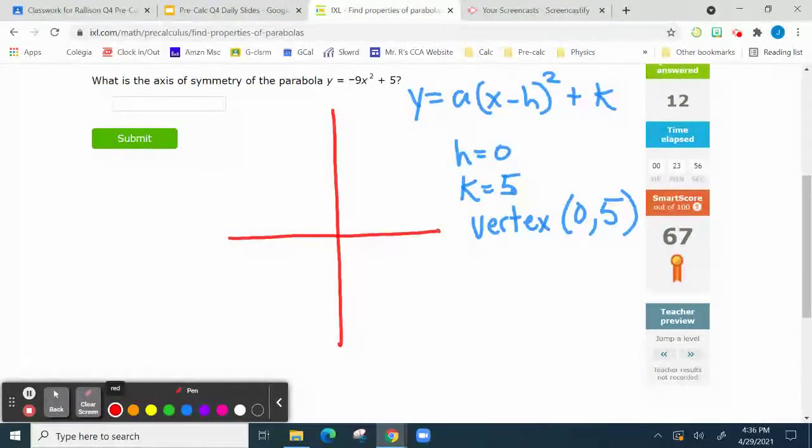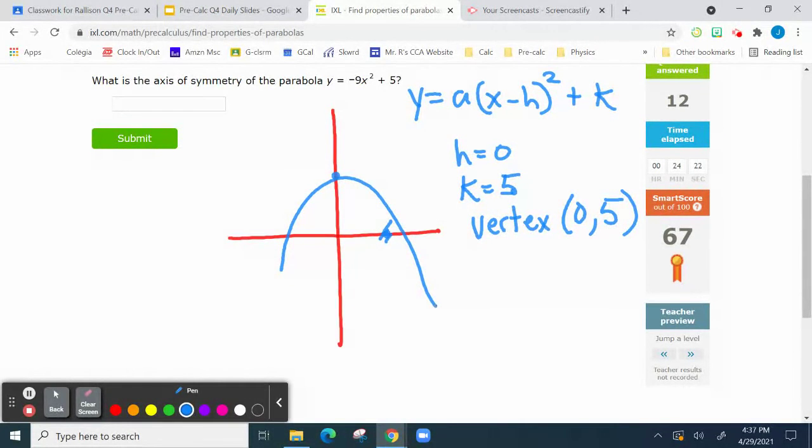So our vertex is 0 in the x direction and 5 in the y direction. It's a y equals x squared, which is normal, but it's negative, so it opens down like that.